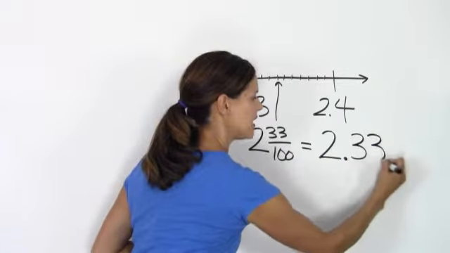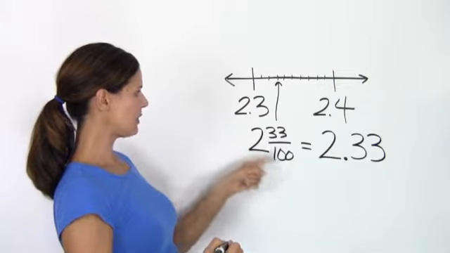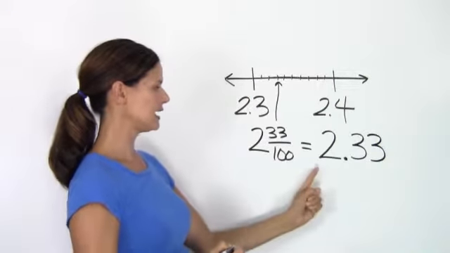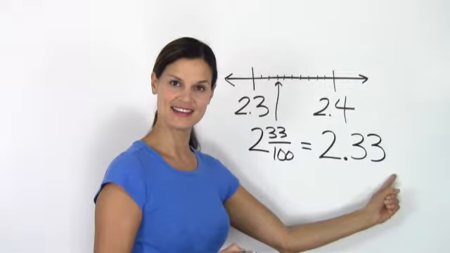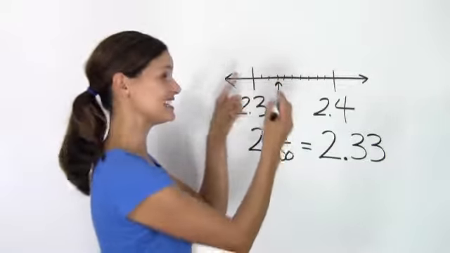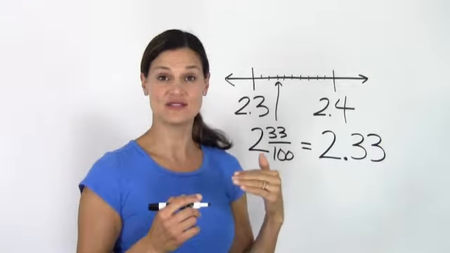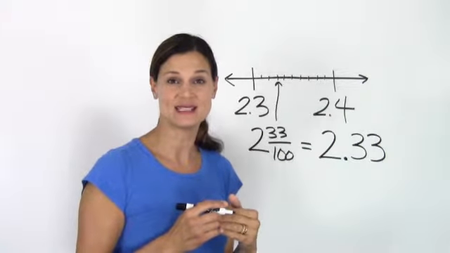So I'm going to do another 3, and 2 and 33/100ths then can be written as a decimal 2.33.